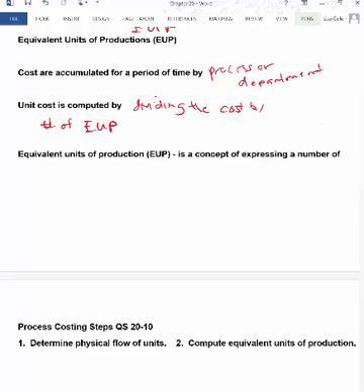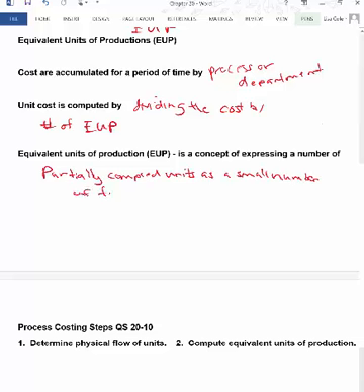Equivalent units of production is a concept of expressing a number of partially completed units as a smaller number of fully completed units.